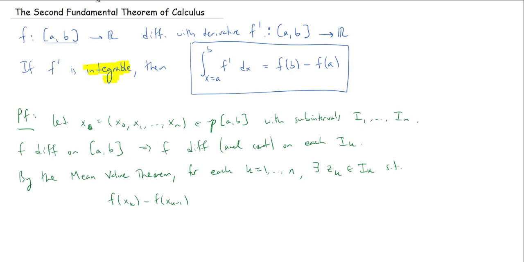I'm just going to move it to the other side. So this will be the instantaneous rate of change at z_k times this x_k minus x_{k-1}. And of course, this bit here is just the length of I_k. So I can tighten this up: f prime of z_k times the length of I_k.